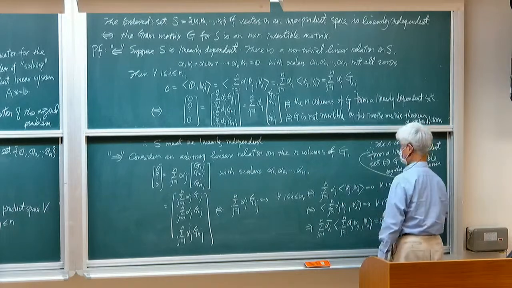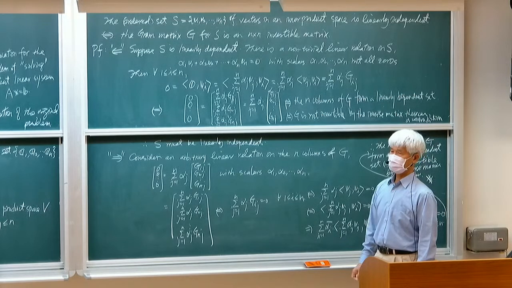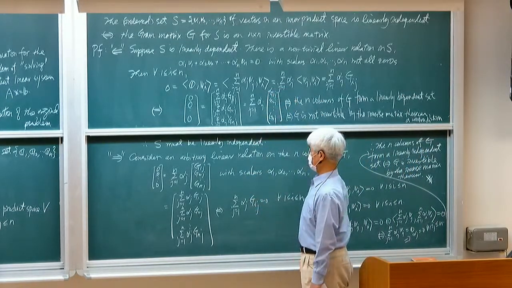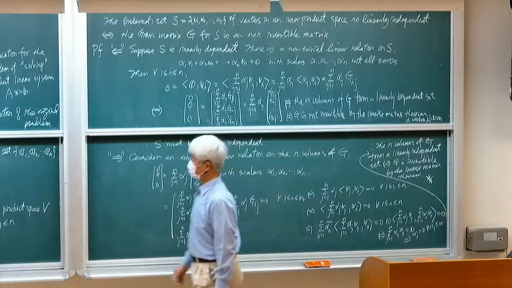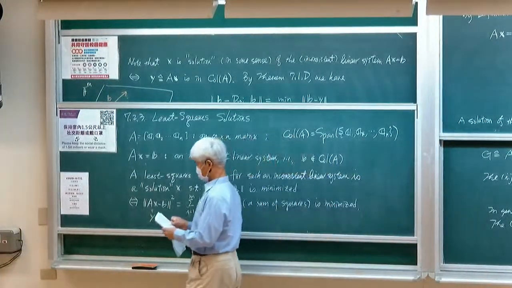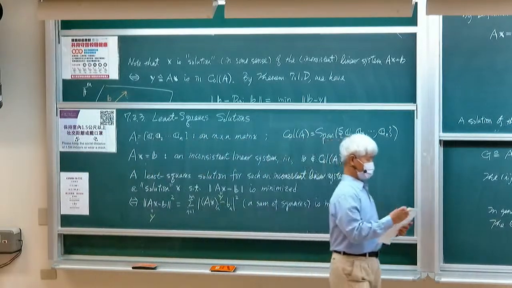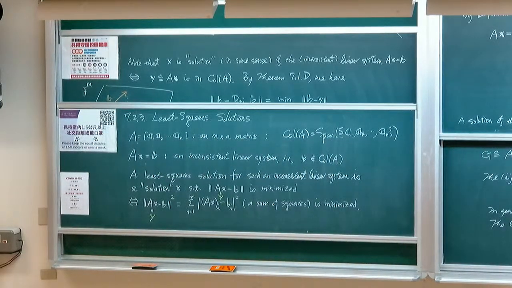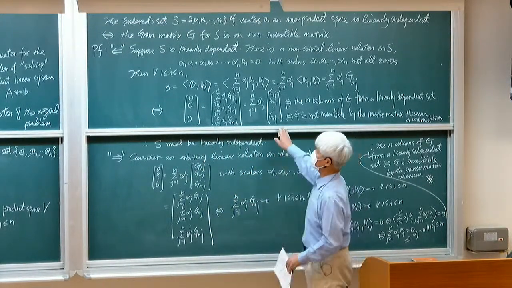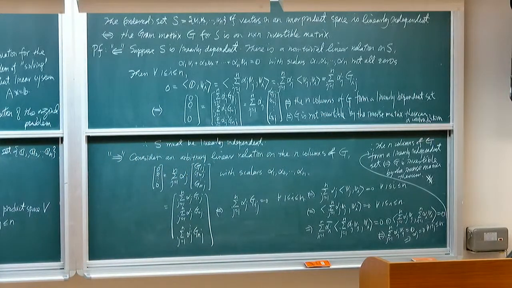And we have done. So we prove the theorem. This is the forward direction. So we now complete the proof of that. Okay, so now we can apply the theorem to solve our normal equation here.